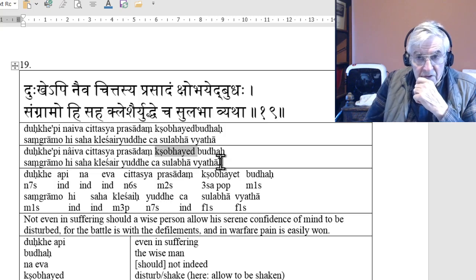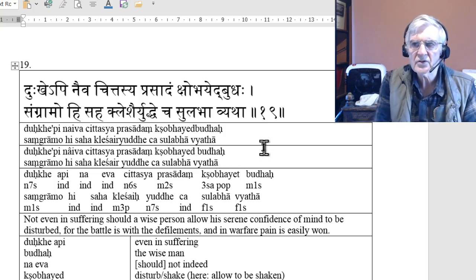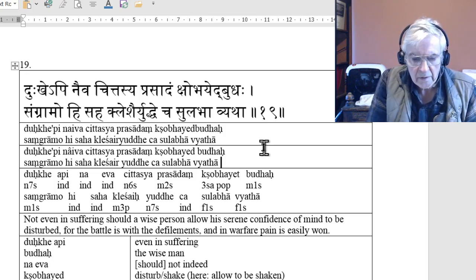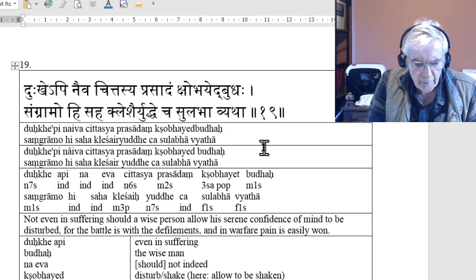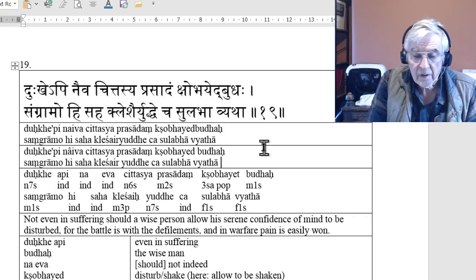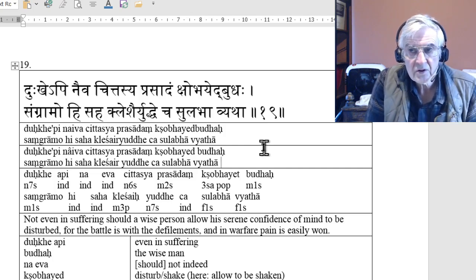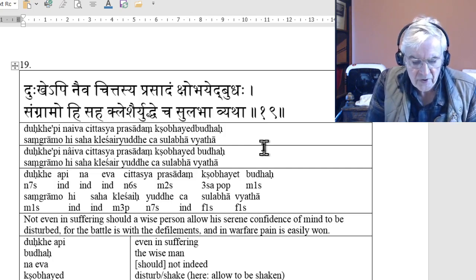As a transitive verb, you can make a class 10 verb out of it with a guna of the u, so it's kshobhayati. As an intransitive, it's kshubhyati, class 4, that's the y inserted as part of the stem, to be agitated, shaken, or disturbed.